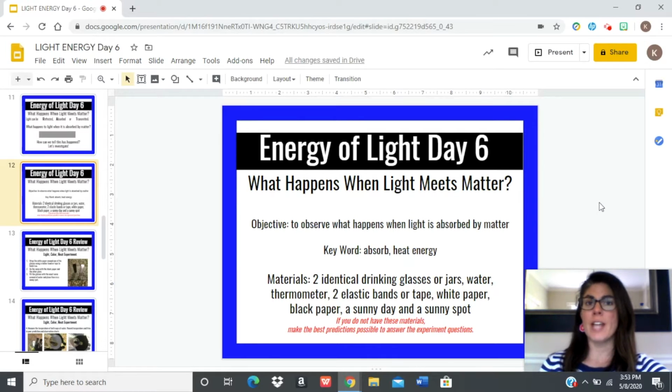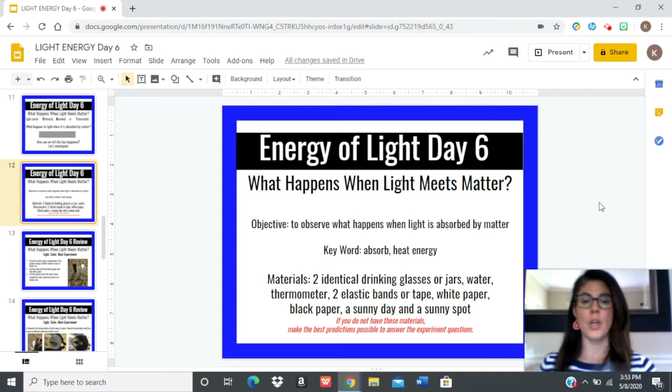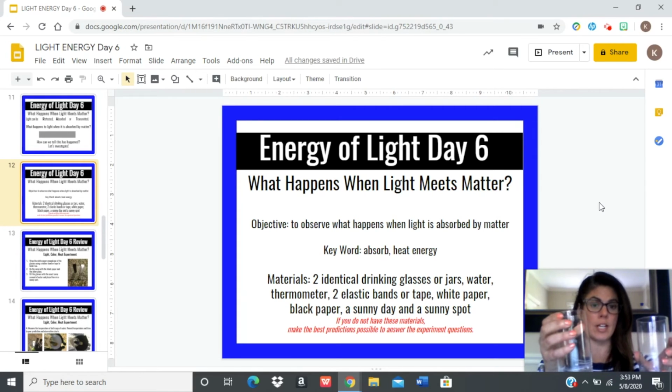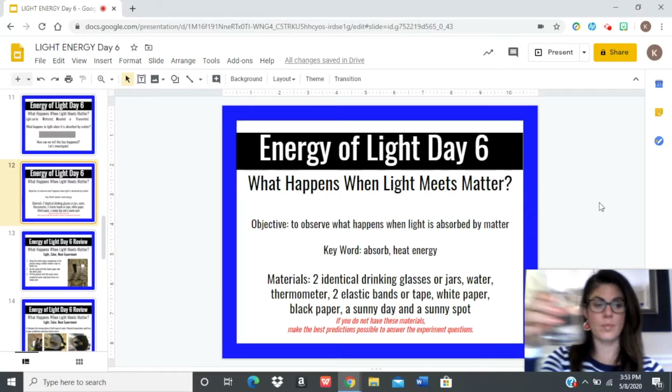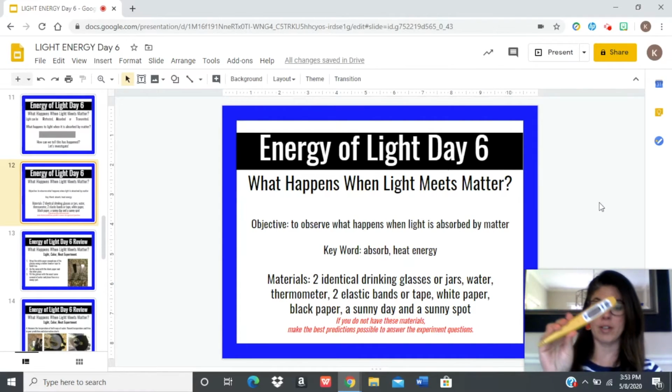The objective for today's experiment is to observe what happens when light is absorbed by matter. The key words are absorb and heat energy. The materials you need to collect for today's experiment: 2 identical drinking glasses or jars, water, a thermometer.